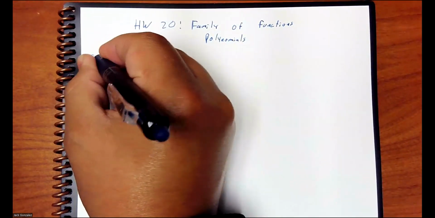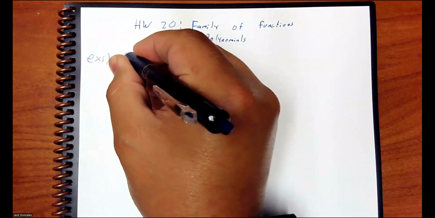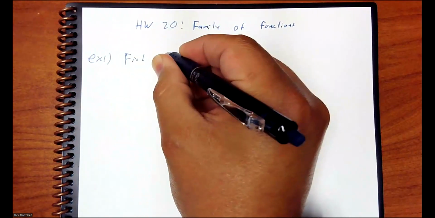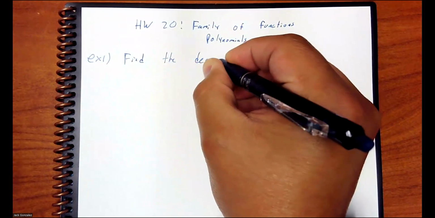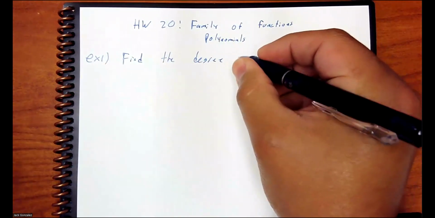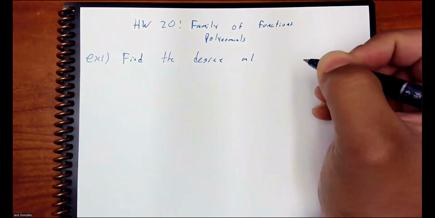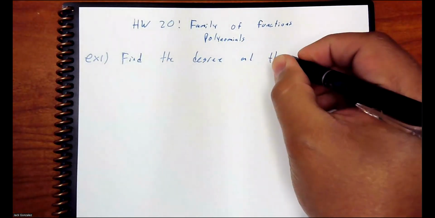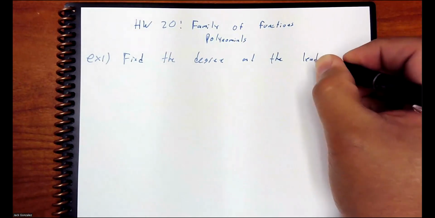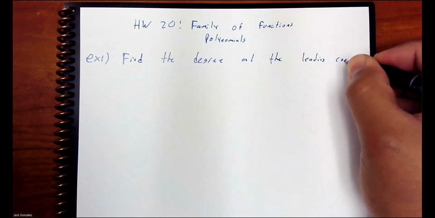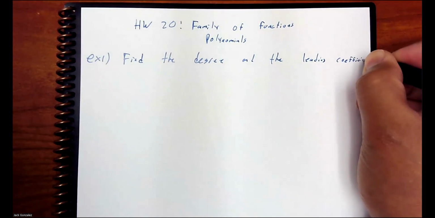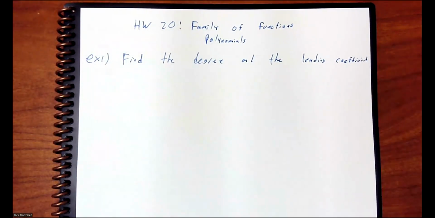The homework starts off asking you to find the degree and the leading coefficient. So the first one is just basically trying to see if you remember the jargon, I guess.